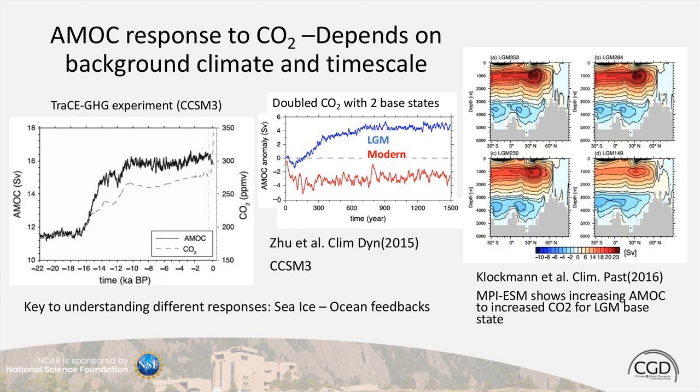Right. Yeah, it's one of the challenges, and that's why I think models of intermediate complexity can be more useful there, because they're faster. They could be run longer, I mean, for more model years. So, yeah.